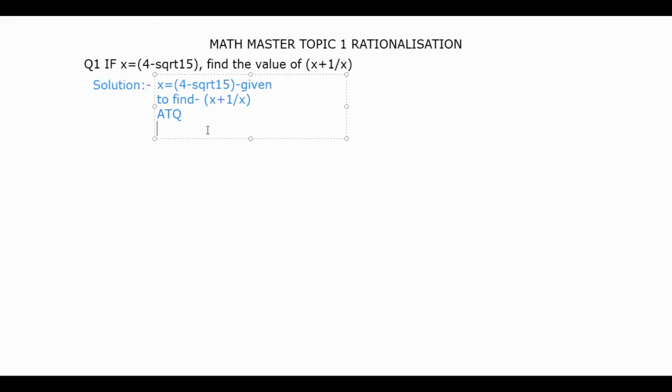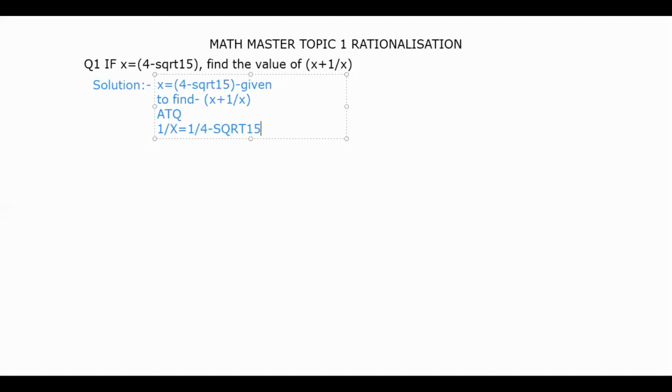So for that, we have to write that 1 upon x equals 1 upon the value of x, which is 4 minus square root of 15. Whenever you see the sign of a square root in the denominator, you have to always multiply that sign with its conjugate in the numerator as well as the denominator.